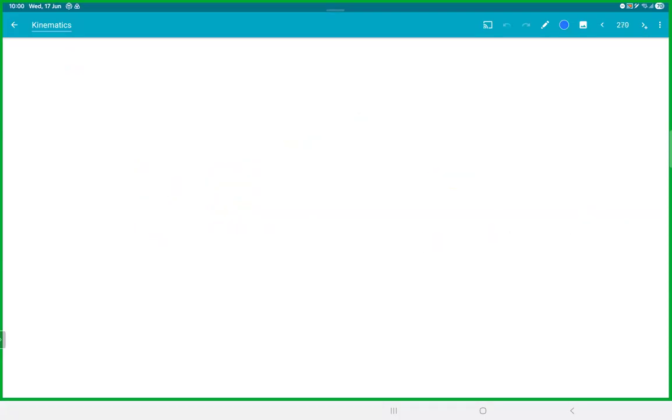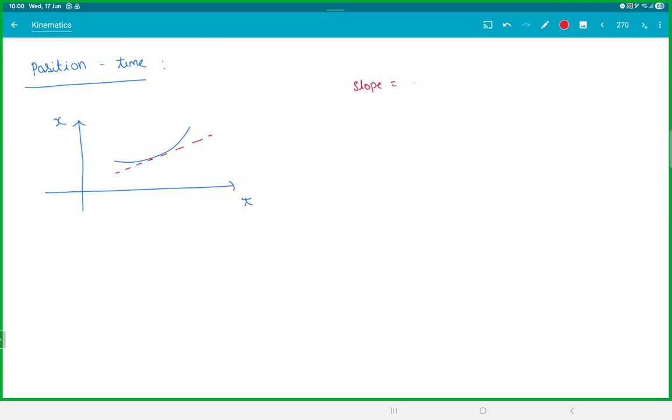The first graph is position time graph. So if you take an xt graph, in an xt graph, the slope is dx by dt, which gives you velocity.